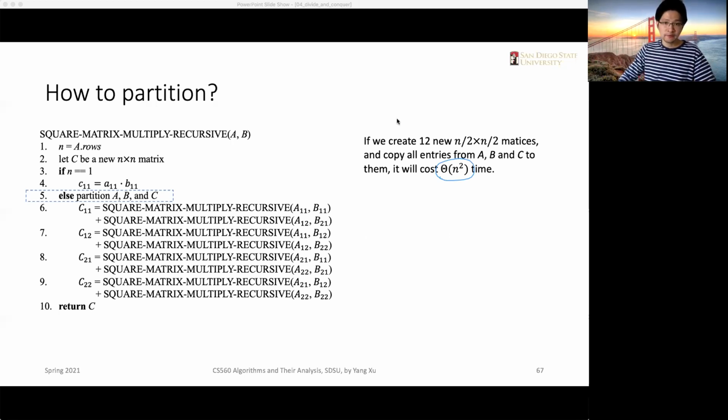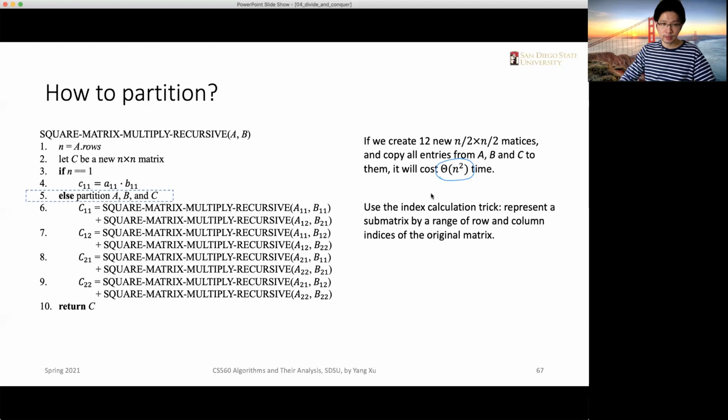So if we use some smarter way to avoid this, say, some index calculation trick to represent a submatrix by a range of row and column indices within the original matrix, that will save us this additional time.